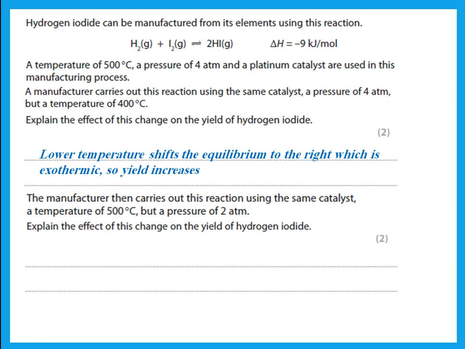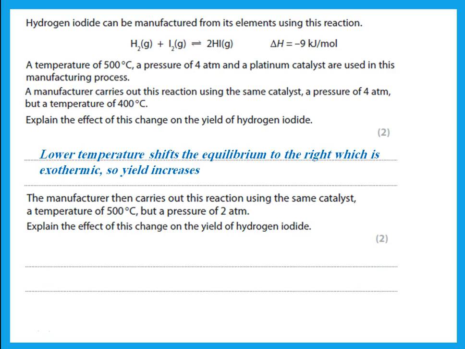Then he says the manufacturer carries out this reaction at a temperature of 500 but at a lower pressure. So he's decreasing the pressure. We said when we decrease the pressure, it will go to the side with more molecules. Increasing pressure goes to fewer molecules. Now, if I decrease the pressure here, where are the more and fewer molecules?